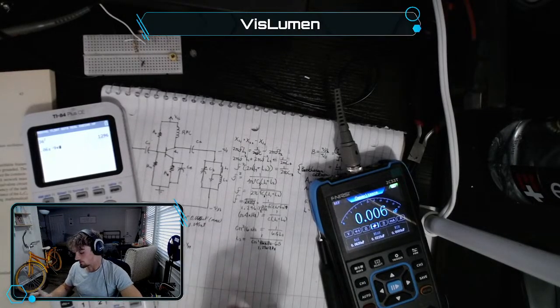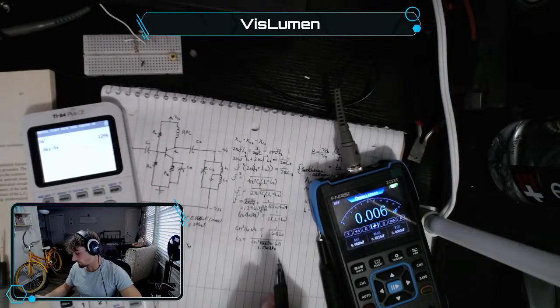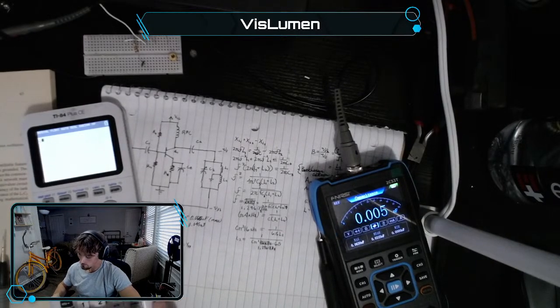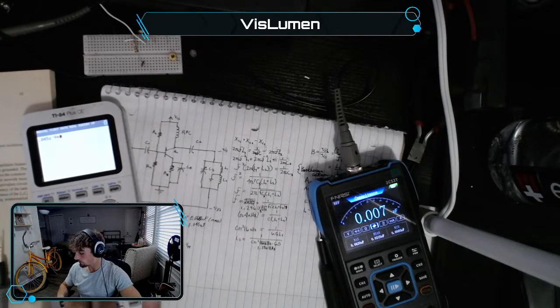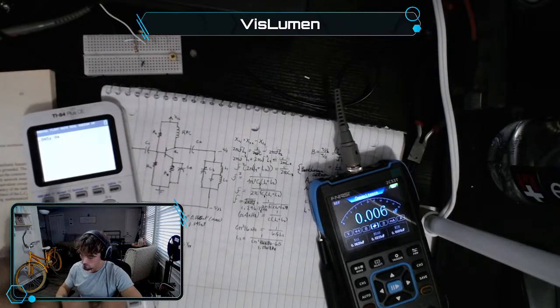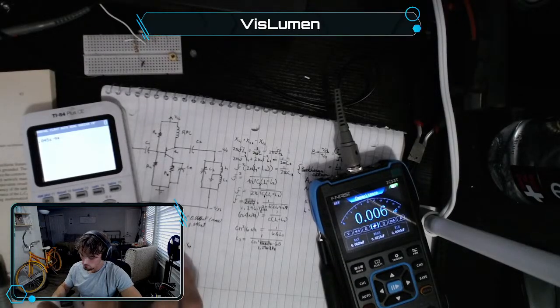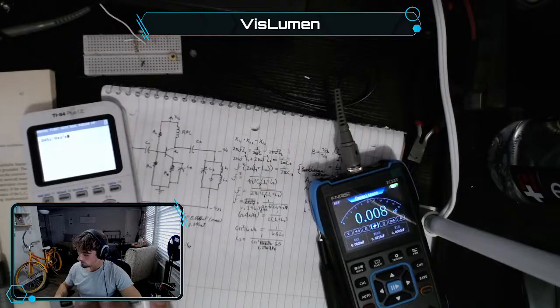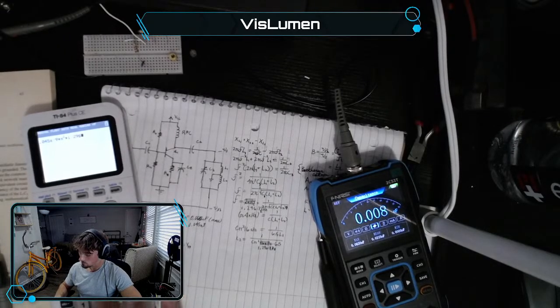Anyways, oh yeah, wait, 0.045 e to the negative 9 times, because that's nanofarads, multiplied by pi squared, times 1.296 e to the 6 times 6.5.